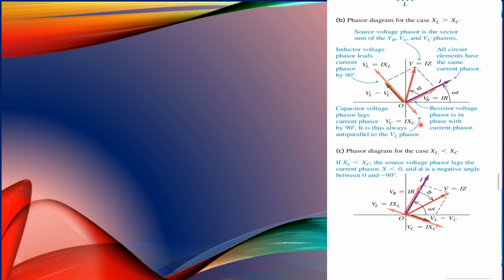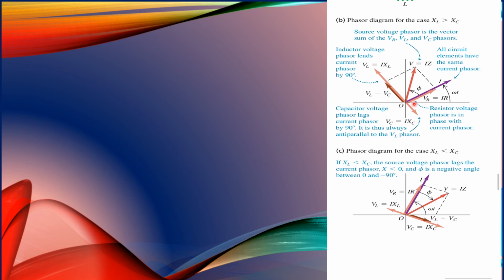So if you measure the angle formed by the capacitor voltage phasor relative to the current phasor, that is also equal to 90 degrees, but it is a negative angle, because with the current phasor as the reference, we say the angle phi is measured along the clockwise direction.